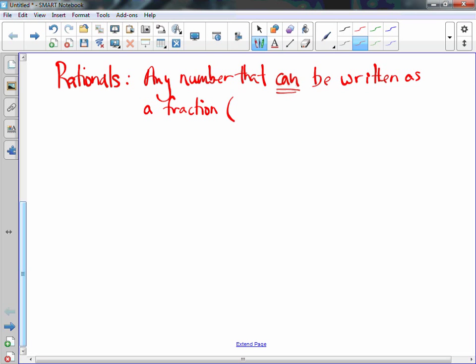Or, as the title says, it's called a rational, or it can be written as a ratio. Fraction, ratio, very similar concepts.